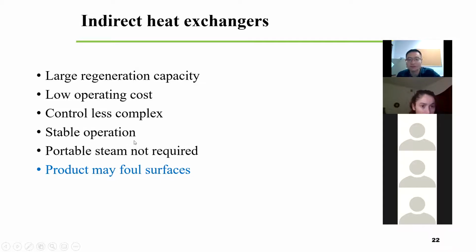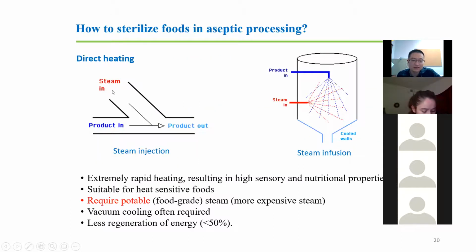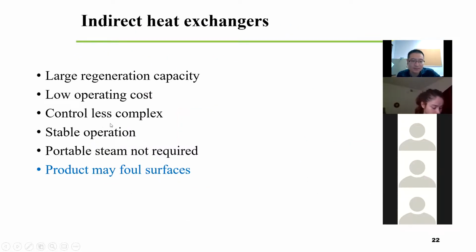Because in direct heating, after mixing, we have to evaporate the excessive water by vacuum, but here we don't have to do it, right? And this is more stable as well, and we don't need the steam water to be potable, right? Because they are not mixing.